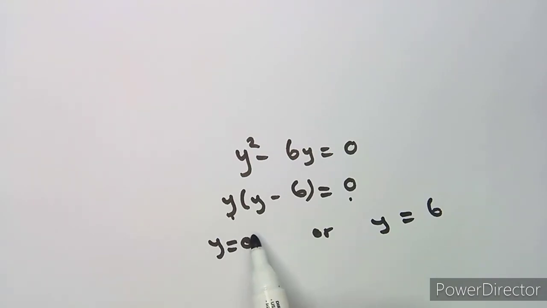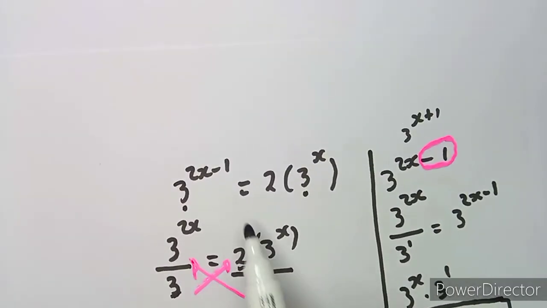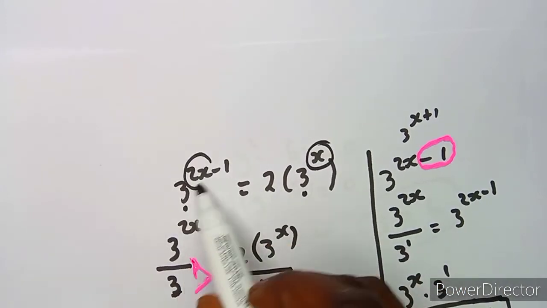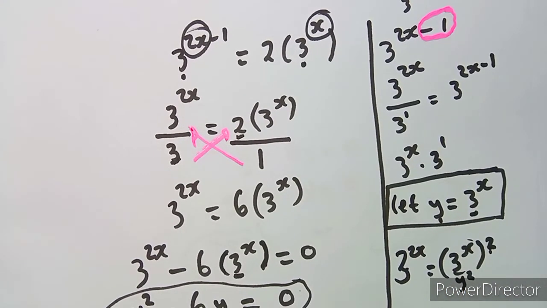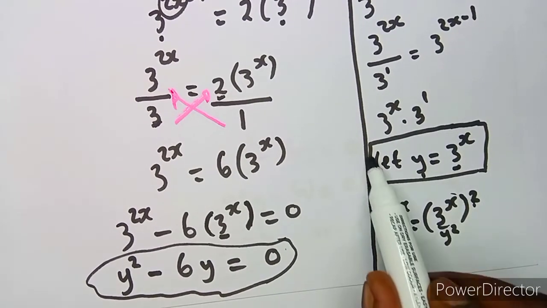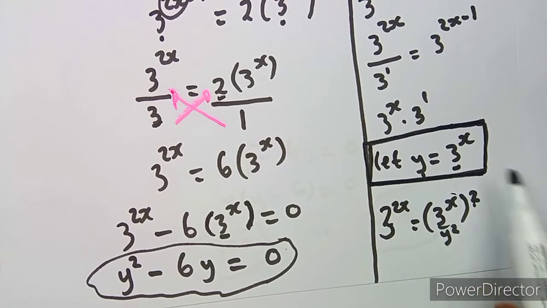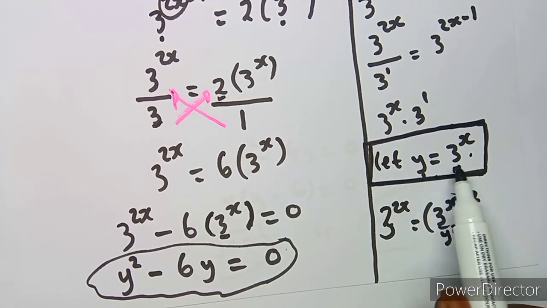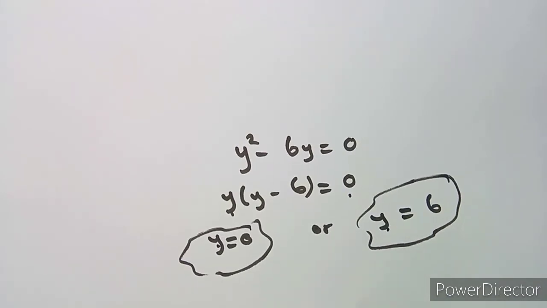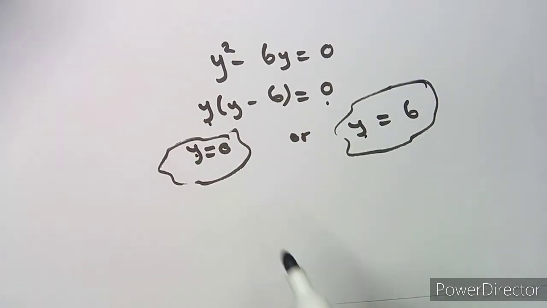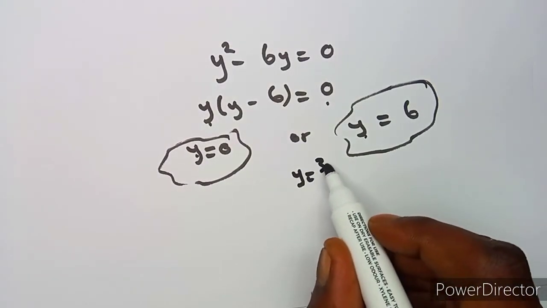But these are not the answers, because you are not asked to solve for y, you are solving an equation for x. This is x here. So we must obtain an answer in terms of x. So I have to come back here where we introduced the letter y in place of 3 to the exponent of x. Since now I have the values of y, I can take back this statement, because we said let y be equal to 3 to the exponent of x.